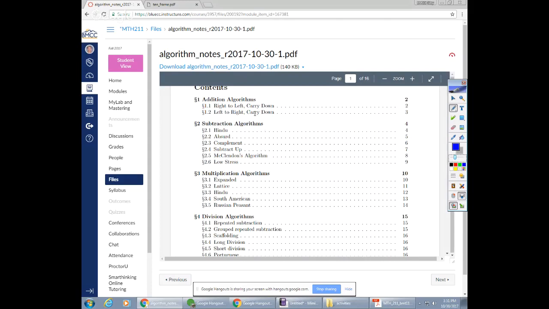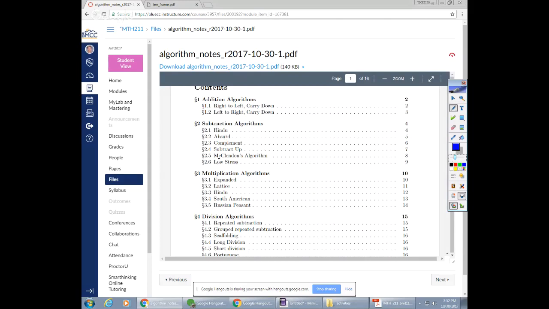And so generally what I'm going to require is you're really good with the standard one, and then you pick any two in each grouping and you learn those algorithms. So on the test, I'll ask something like, here's a subtraction problem, show me 3 different ways to subtract. And of course, most people will pick the standard way and then show 2 other ways that you like. Like maybe you like the Hindu one, maybe you like the complement, maybe you like the absurd algorithm.